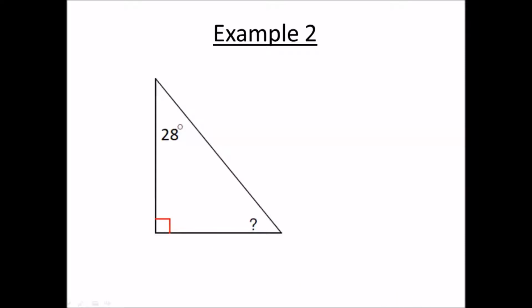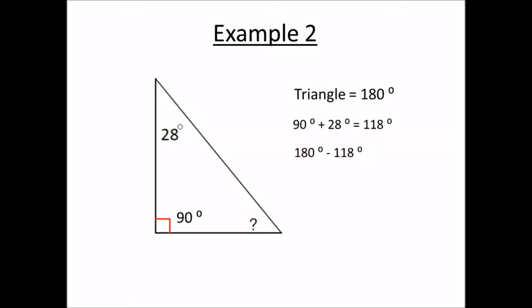So using that information, we're going to go ahead and say a triangle is equal to 180 degrees. I know the 28 and the 90 will add up to 118 degrees. So then from here, I'm going to subtract that from 180 degrees, and that leaves me at 62 degrees. The question mark angle right here is equal to 62 degrees.